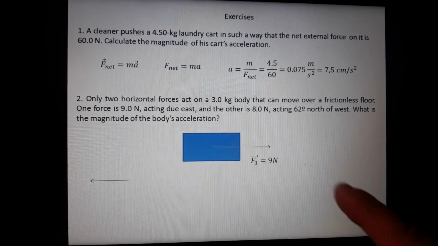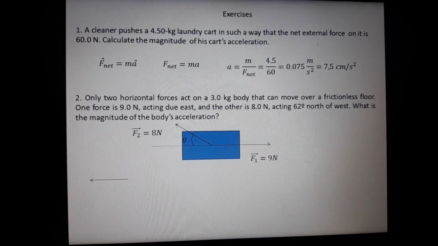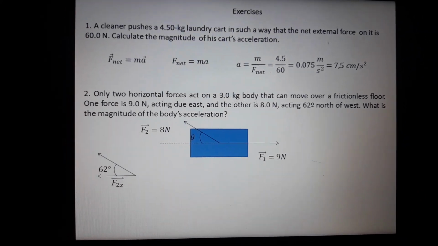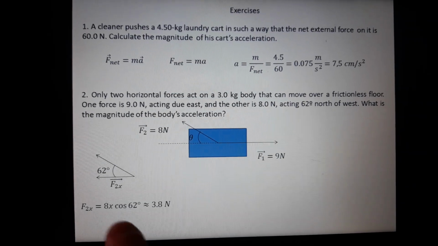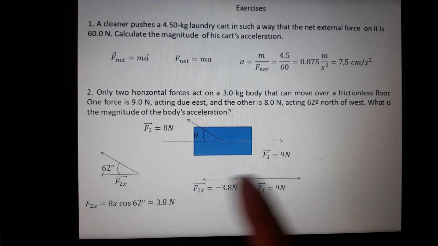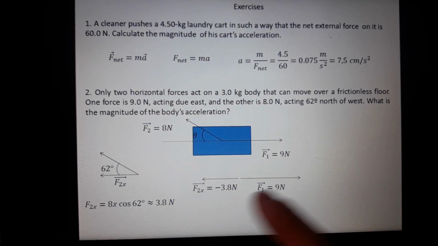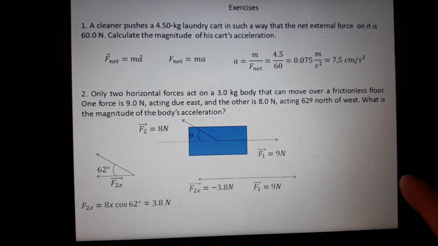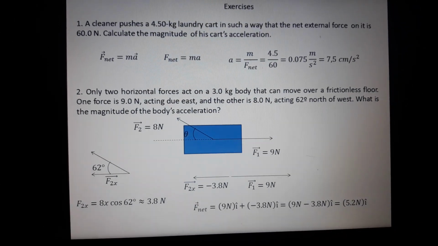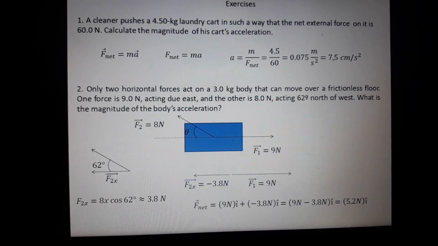In letter 2, we have F1 of 9 newtons and F2 of 8 newtons with an angle of 62 degrees, and we will find the force in x. Here is positive and here is negative, and we have the resultant force here.